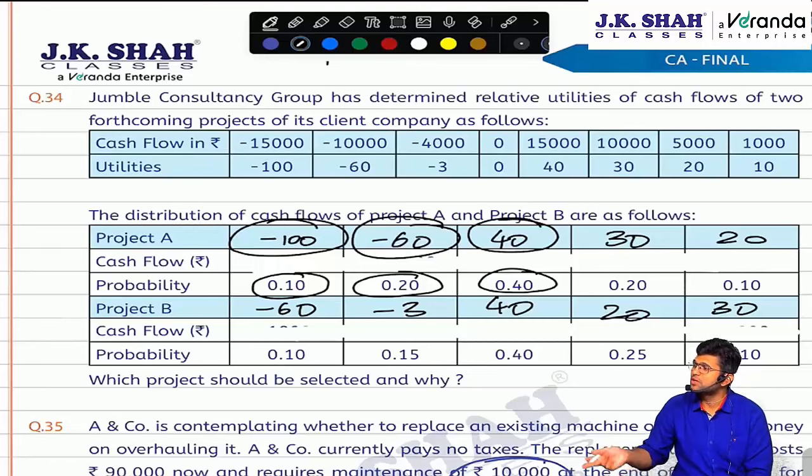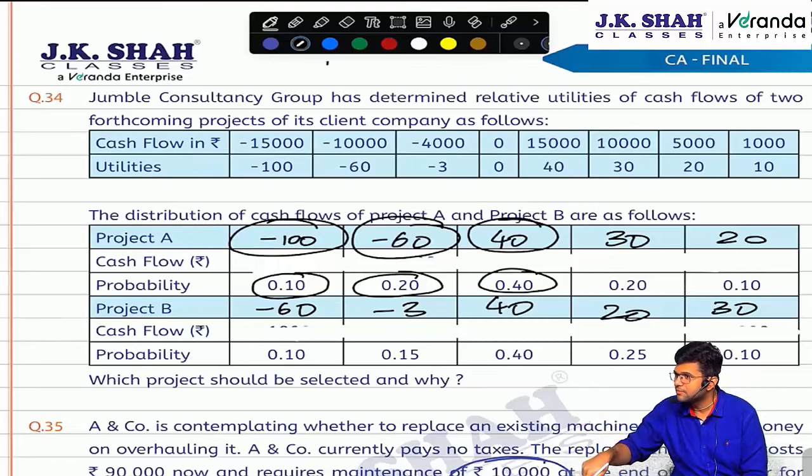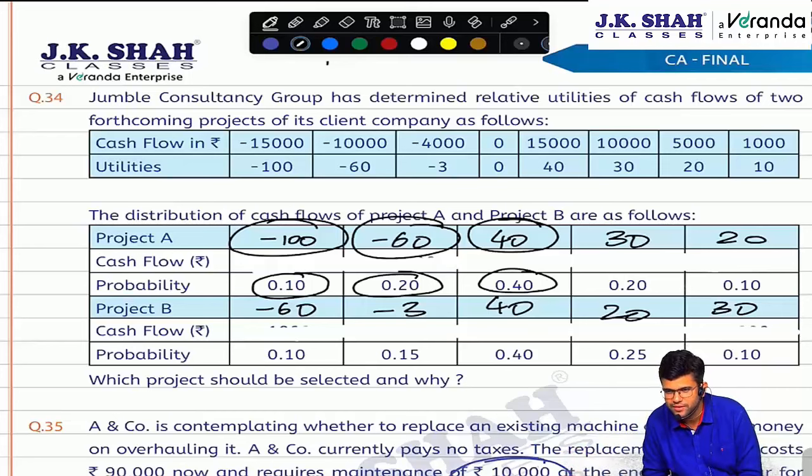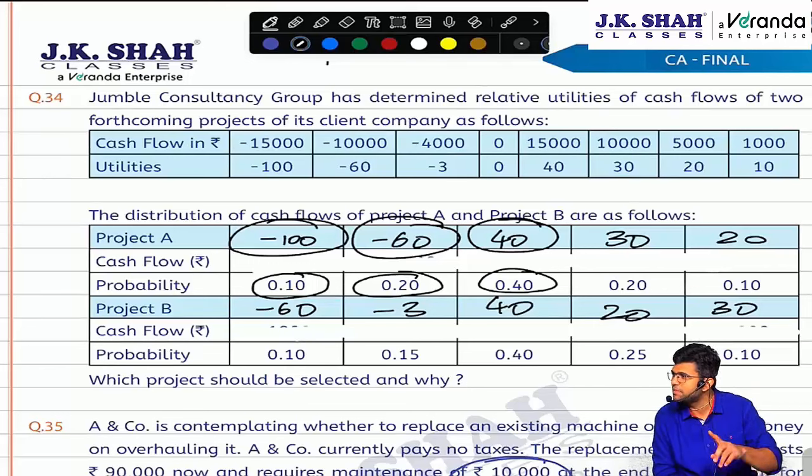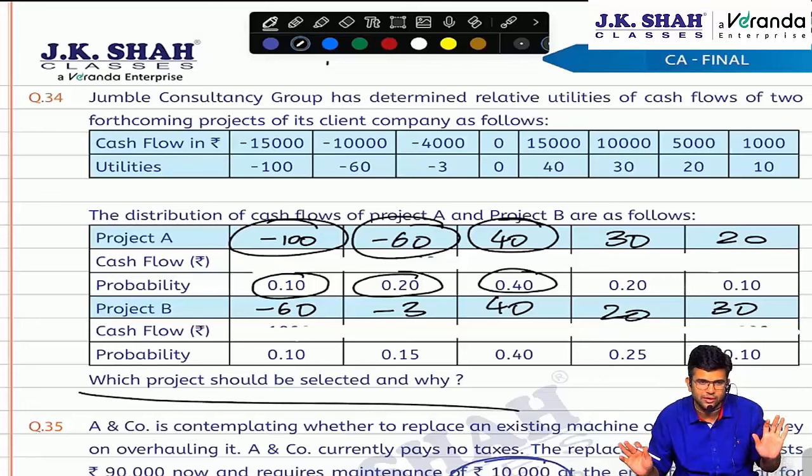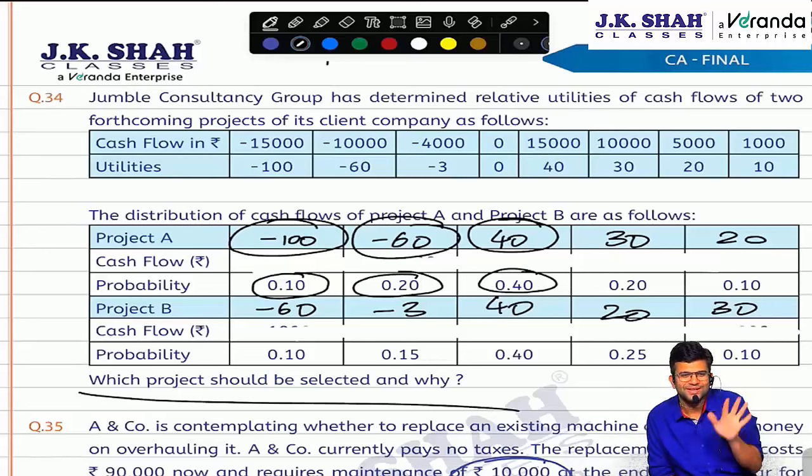Can I say you have to do summation px on the happiness? Come on everyone, to get the average expected utility. Can I say whichever project gives you higher summation px on the utility will be selected? This is the question of jumble consultancy. This is how they do consultancy.